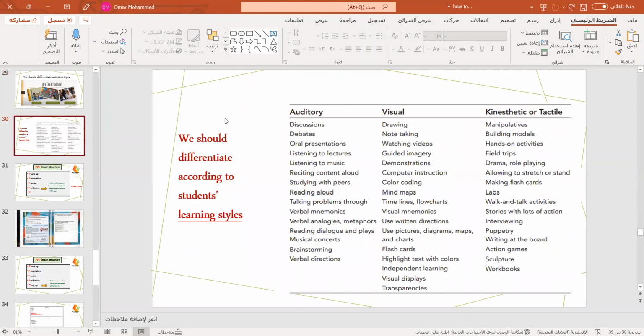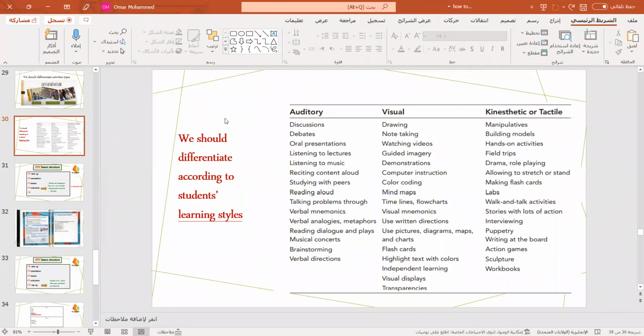You know the different learning styles. We have the auditory pupils who like to speak, to have oral presentations. They like to have verbal activities or something like that. And others like to see, to draw or to demonstrate.